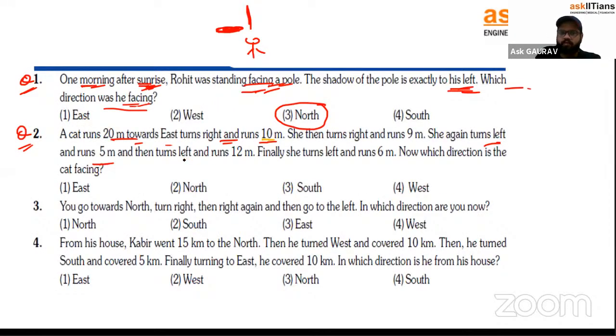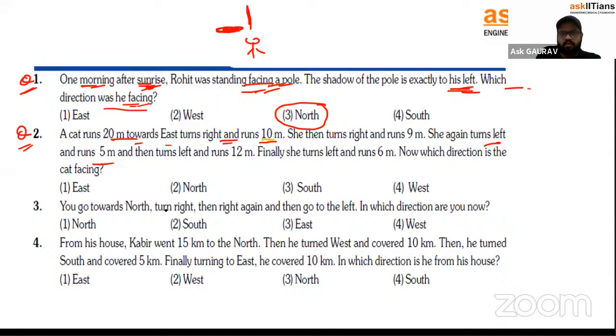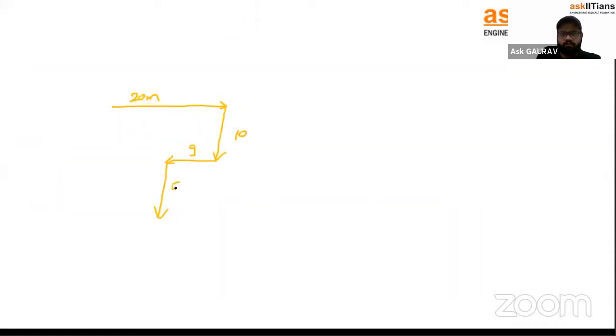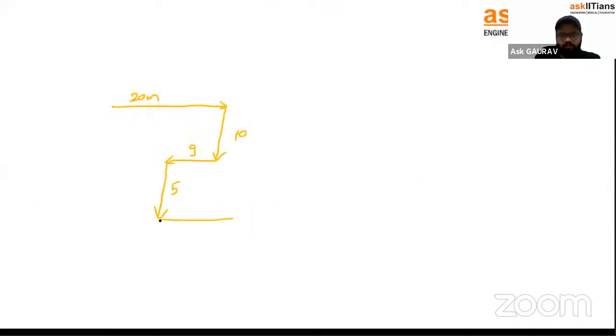Then she turns left. The left will be below. And runs 5 meters. Then she turns left. The left will be here. And she turns left and runs 12 meters.